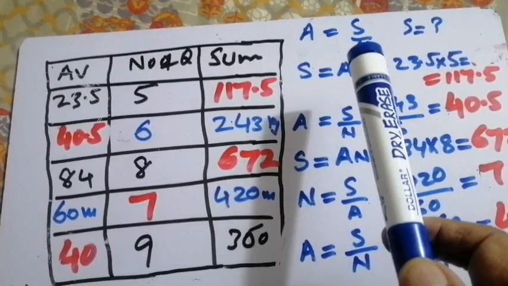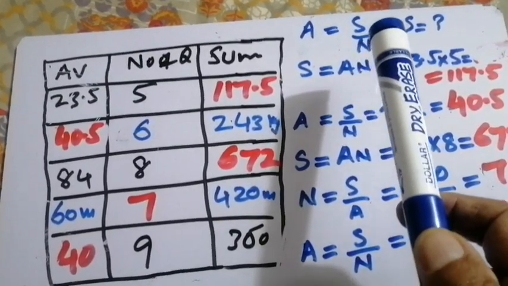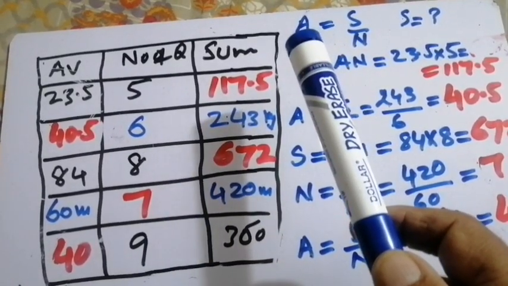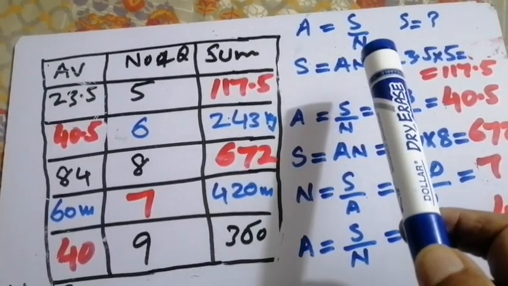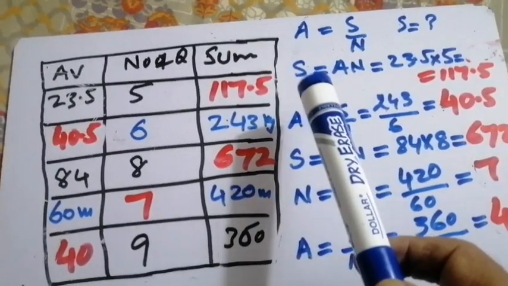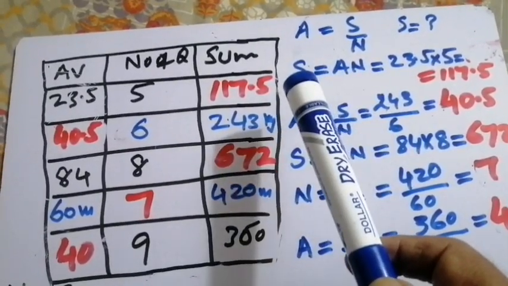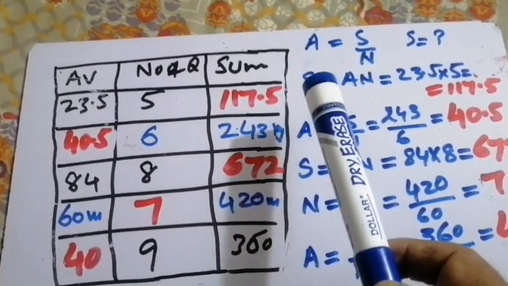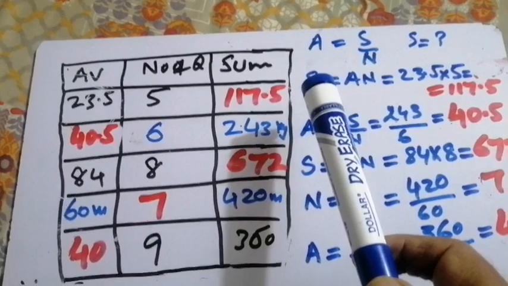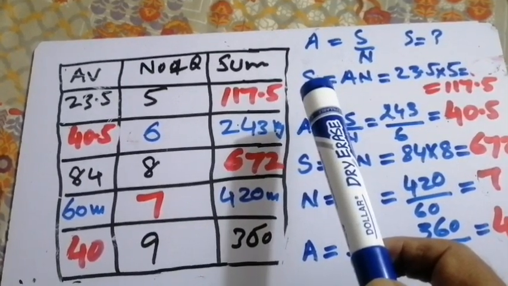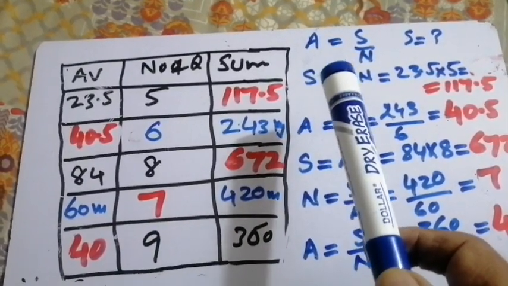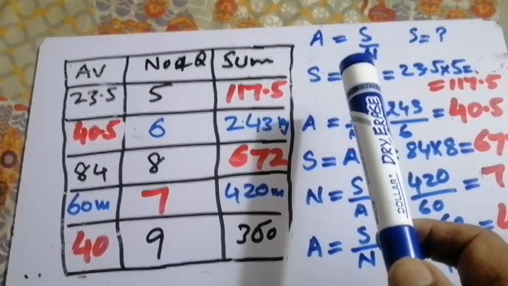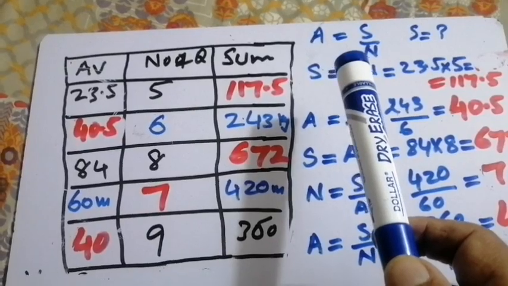So what we will do, we will multiply by N here, and it will become AN is equal to S. So S is equal to AN. The quantity we are going to find should be independent, so no other quantity should be with it.